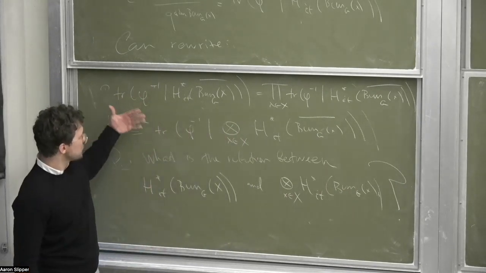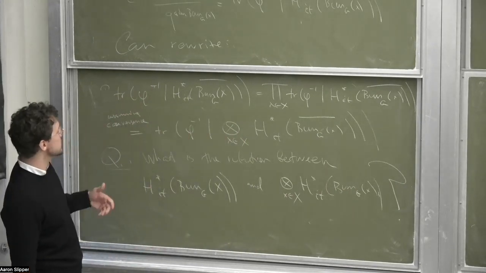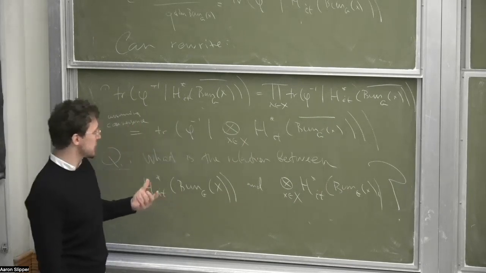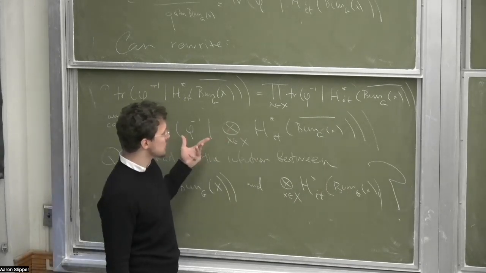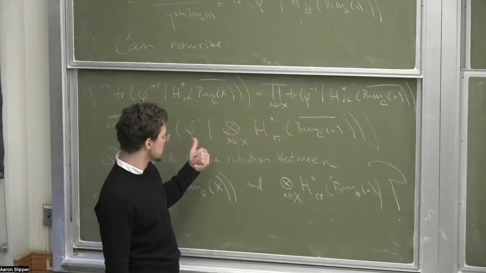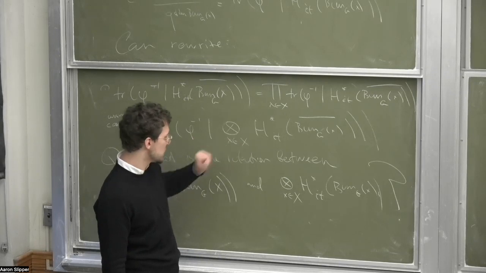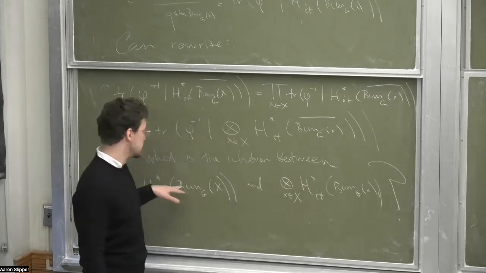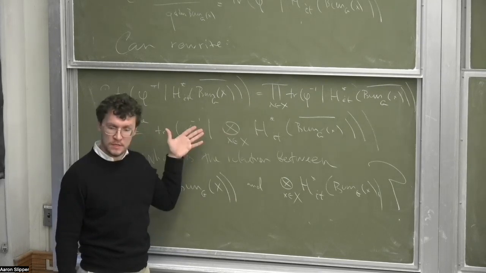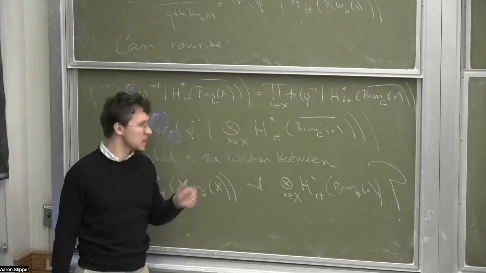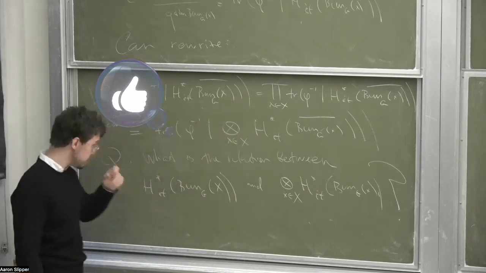But when you heuristically rewrite the statement like this, it seems very compelling that there is a Frobenius-equivariant equivalence between this thing and this thing, which implies an equality upon taking traces.